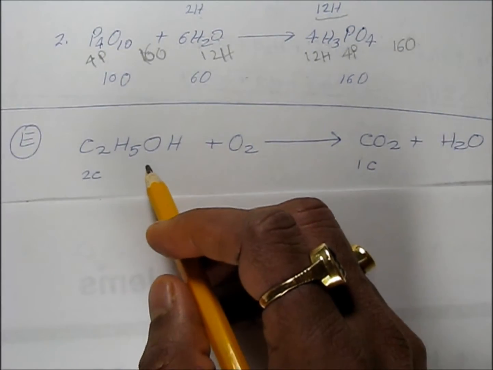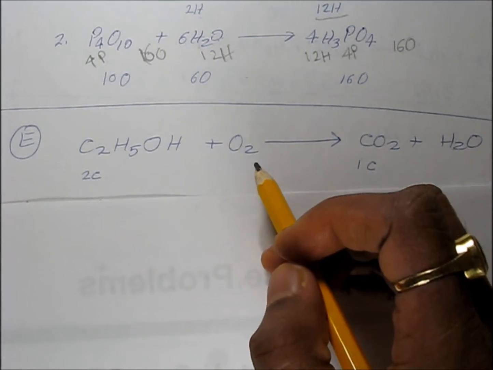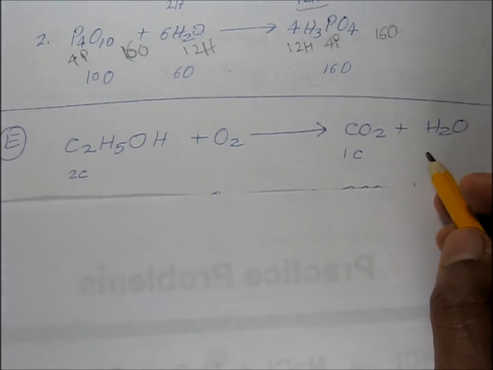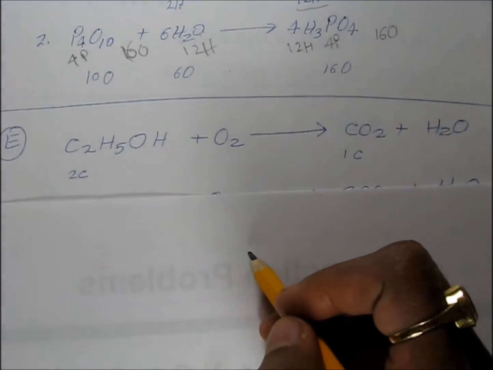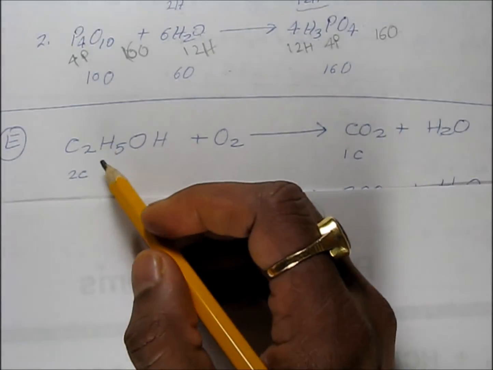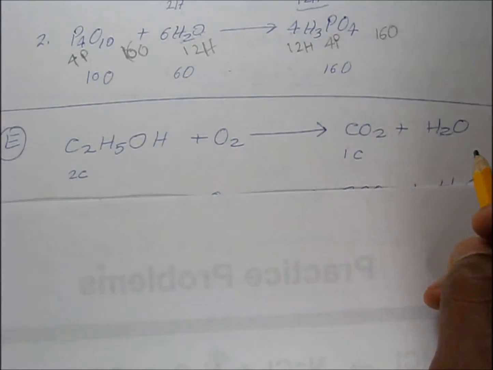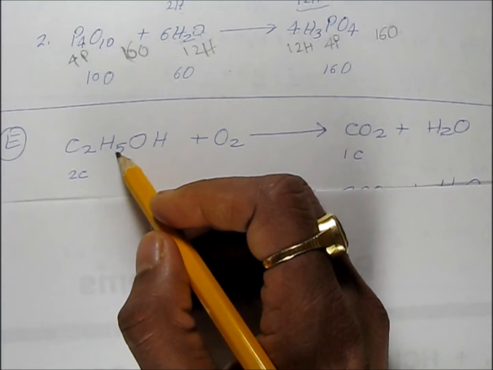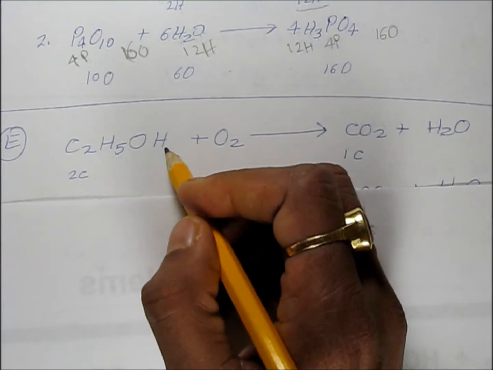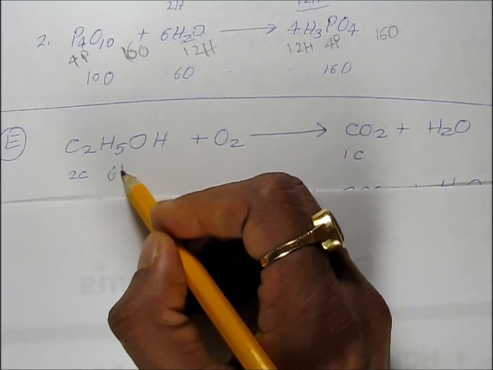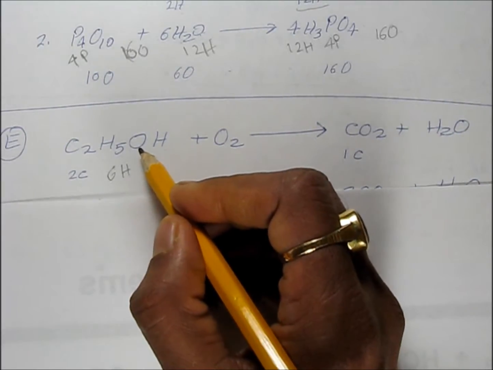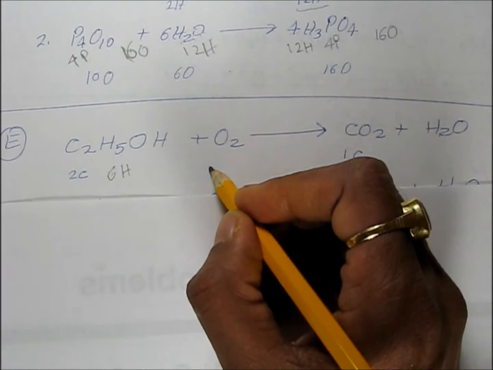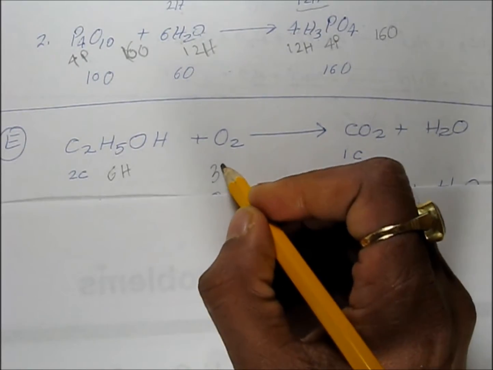C2H5OH, which is ethanol. When burned in presence of oxygen, it produces carbon dioxide gas and water molecule. So let's see how many elements are on both sides. So 2 carbon, and hydrogen 5 and 1, 6 hydrogen, and oxygen is 1 and 2 from O2, so total 3 oxygen.